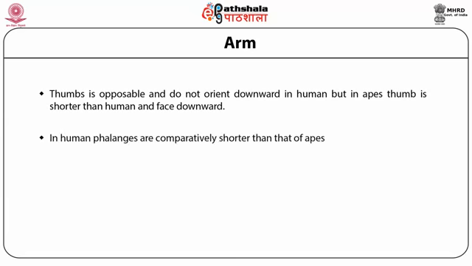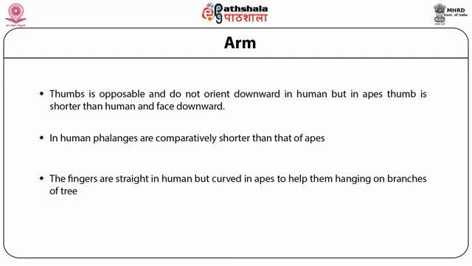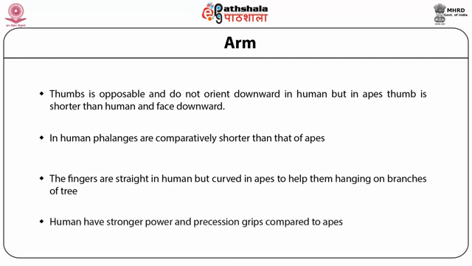Phalanges are comparatively shorter than those of apes. The fingers are straight in humans but curved in apes to help them hang on branches of trees. Humans have stronger power and precision grip compared to apes.